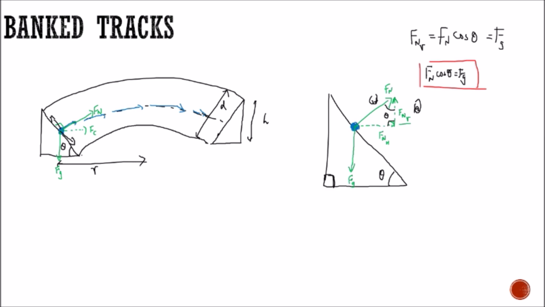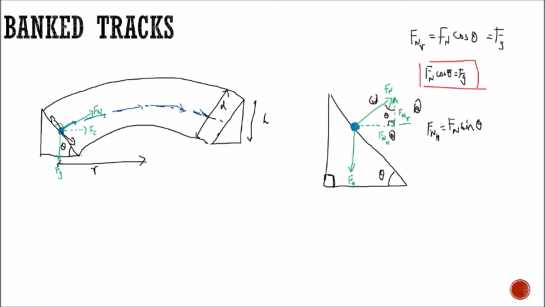So I can write that Fnh, which equals Fn sine theta. Alright, here's your triangle. This is the opposite side. There's your hypotenuse.